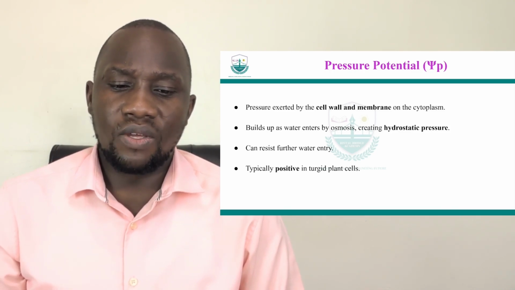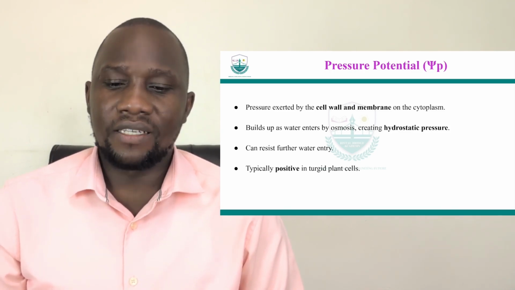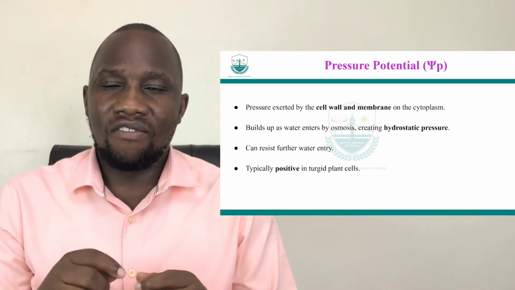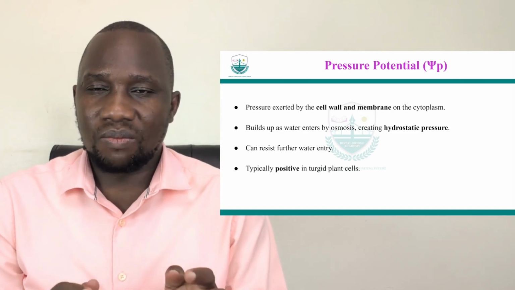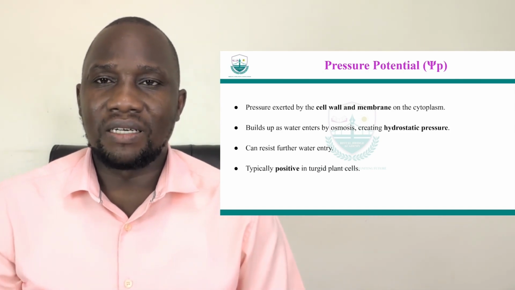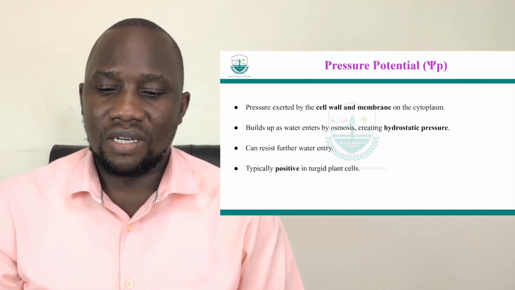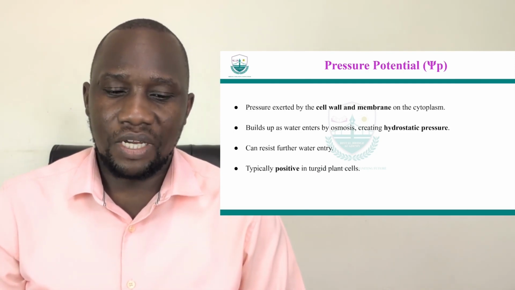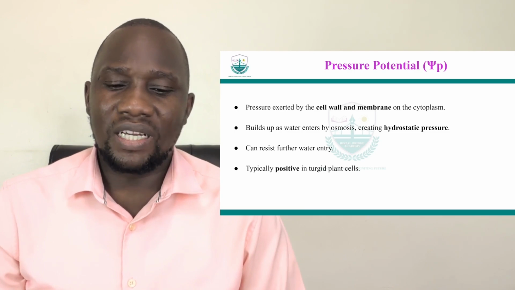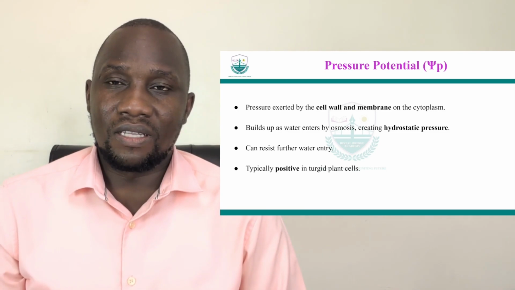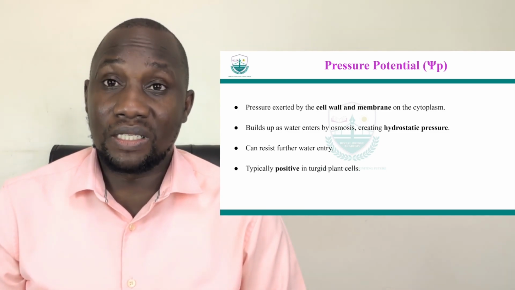Okay, so as water enters by osmosis, that means that the cell has a high solute concentration, so water is moving into that cell. There is a buildup of pressure there, and that pressure creates what we call hydrostatic pressure. So it is the one that can resist entry of more water, and for plant cells, that is very important because of the cell wall.